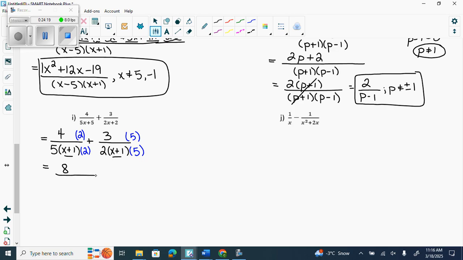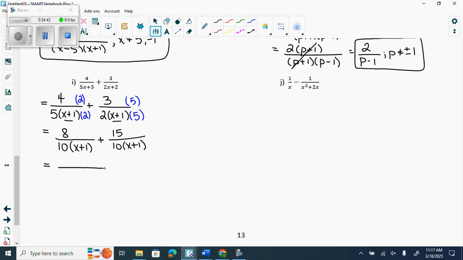And then I'm going to get 5 times 2, which is 10, same binomial. Plus 3 times 5, which is 15. And then I'm going to get 10, same binomial. So you see how the binomials are the same? And we're just making the monomials the same? And then we can just go 8 plus 15 is 23 over 10(x plus 1). And then I say x can't equal negative 1.